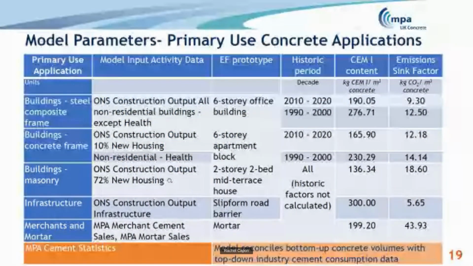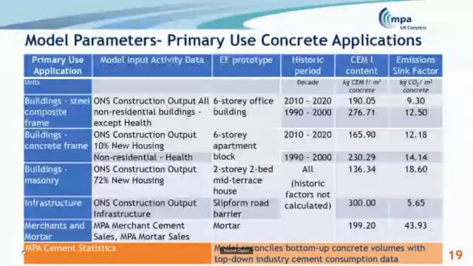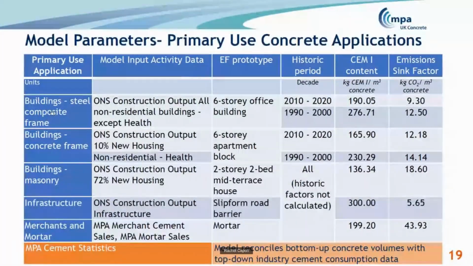So this is just an overview of the whole primary use model. A key part is at the end: the activity input is all based on bottom-up data apart from the mortar sales, but we do cross-check it against MPA top-down cement data to check that we've got consistency within the model.